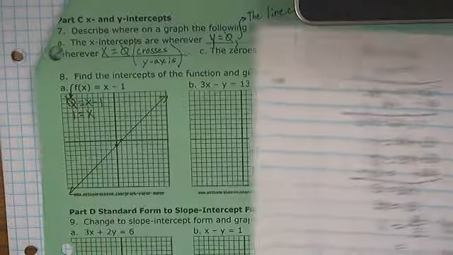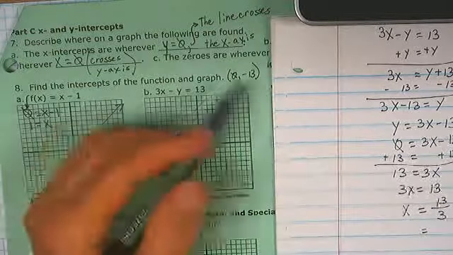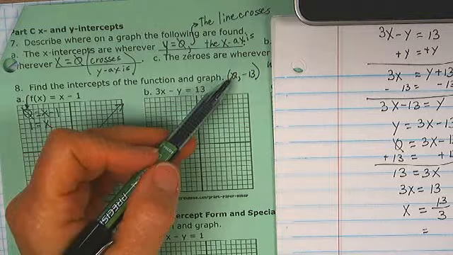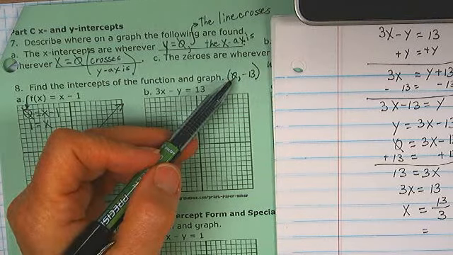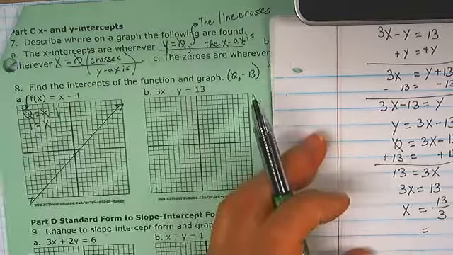So to graph this, I am going to graph, okay, this is my y-intercept, and I've made a really silly mistake. Oh wait, I see what I did.